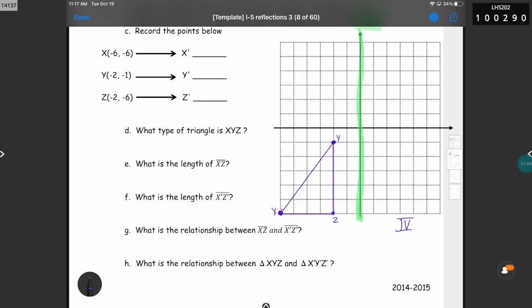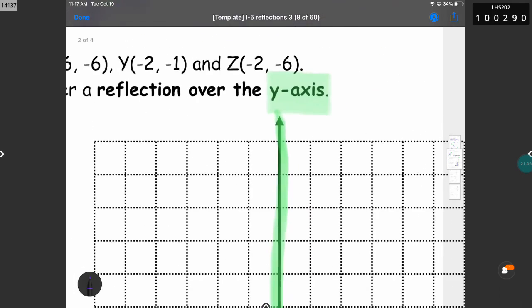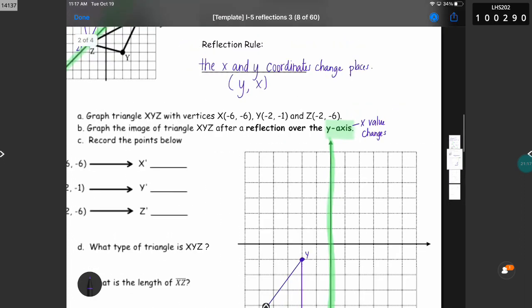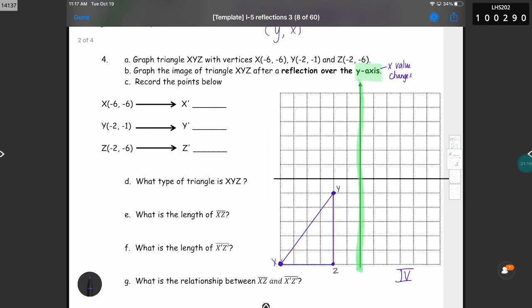So what's changing? The quadrant. The x value is changing. Okay, x value changes. So instead of -6, x is going to be what? Positive 6, -6. That's if we wanted to do it with points.